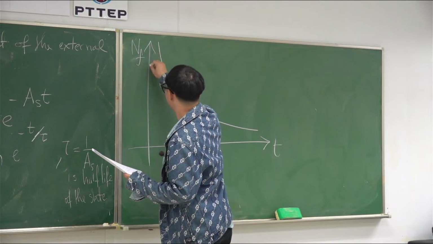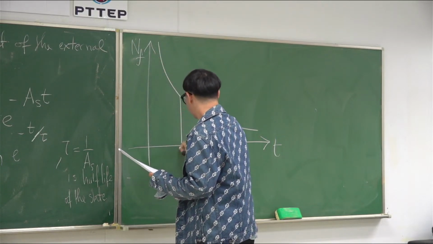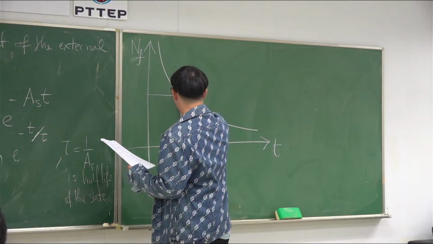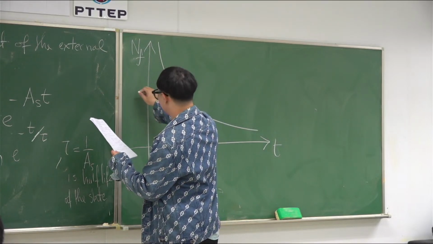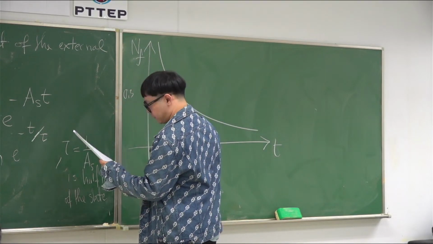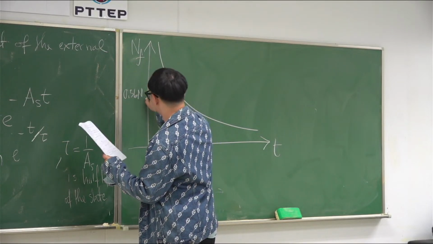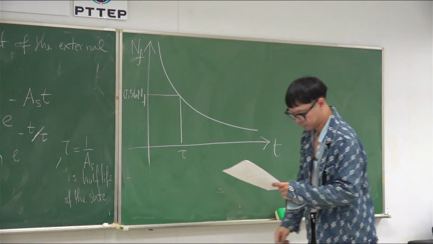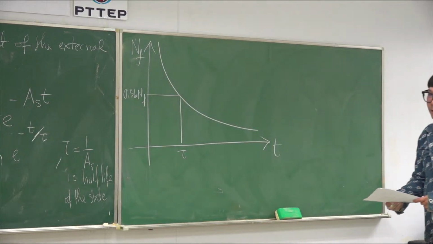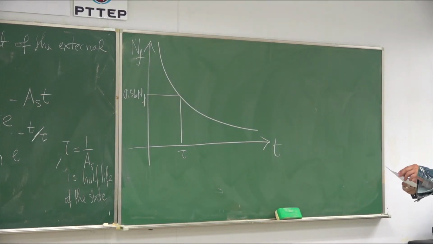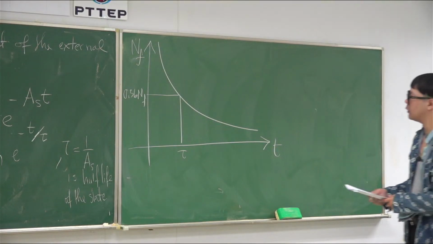When here, it should be tau, and then this should be 3.6-something NF, right? Half of it, right? So that's it.